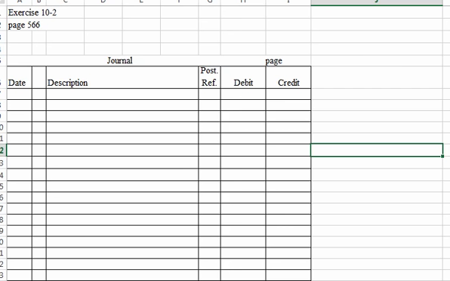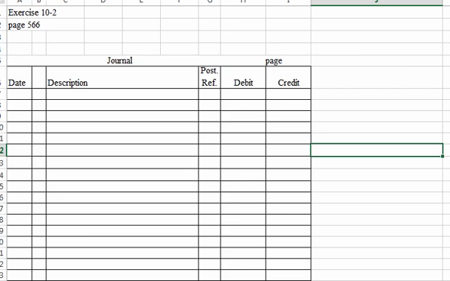Oak Tree Company purchased new equipment and made the following expenditures. They had purchase price $45,000, sales tax $2,200, freight charges for the shipment of the equipment $700, insurance on the equipment for the first year $900, and installation of the equipment $1,000.